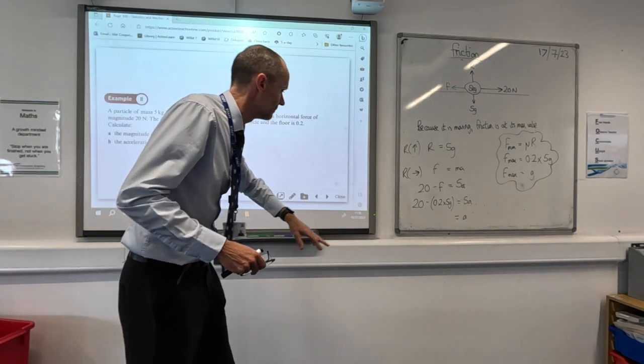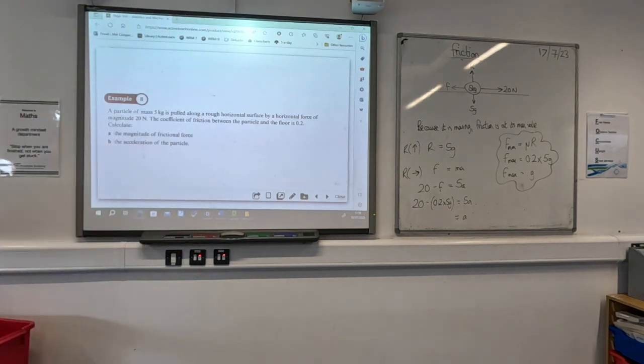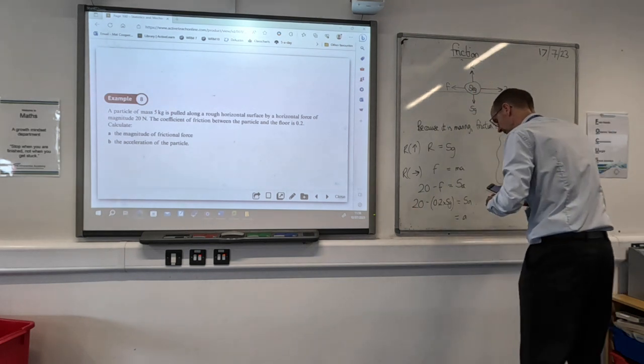We'll just work it out for completeness. Divide that by 5, so you get 2.04 meters per second squared.